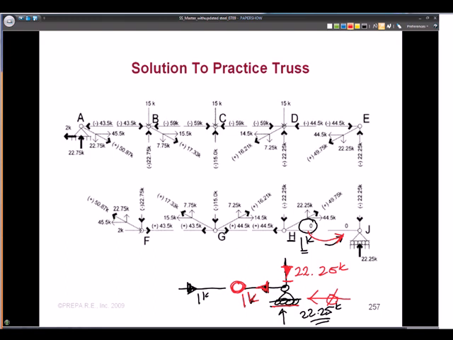So that's showing you at the support reaction, if it's a roller support, that you've got a mistake, probably an addition or subtraction mistake somewhere back here that this 1 kip is carrying through, okay? So go back and look at that because this has to be 0 at this location based on the rules of that pin.